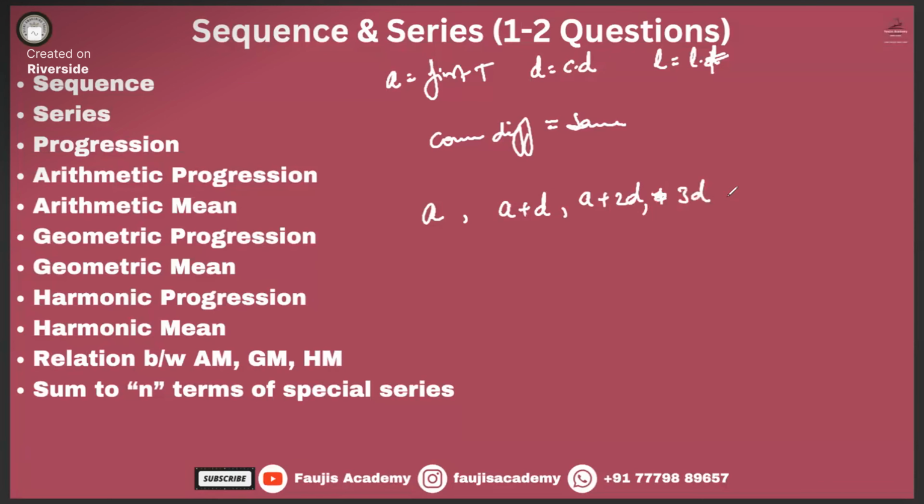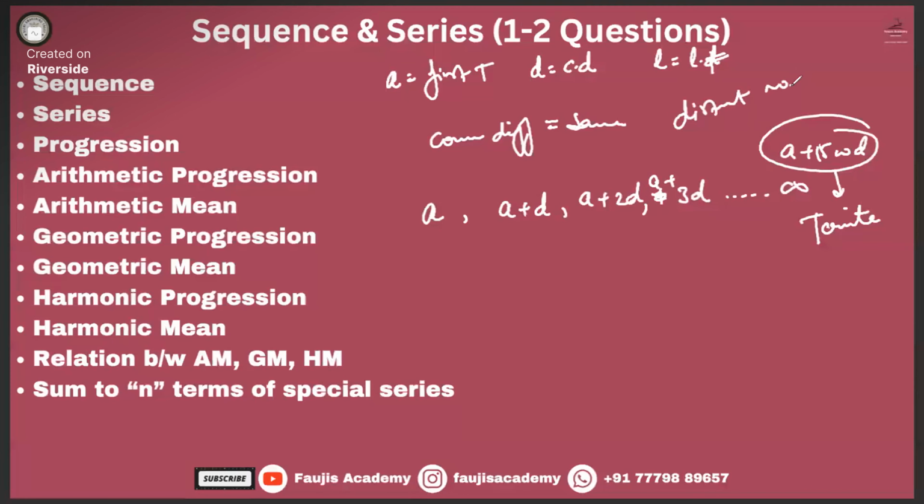And it goes up till infinity. If it goes up till a certain point only, let us say A plus 1500D only, and over here it terminates, then it has a distinct number of elements.